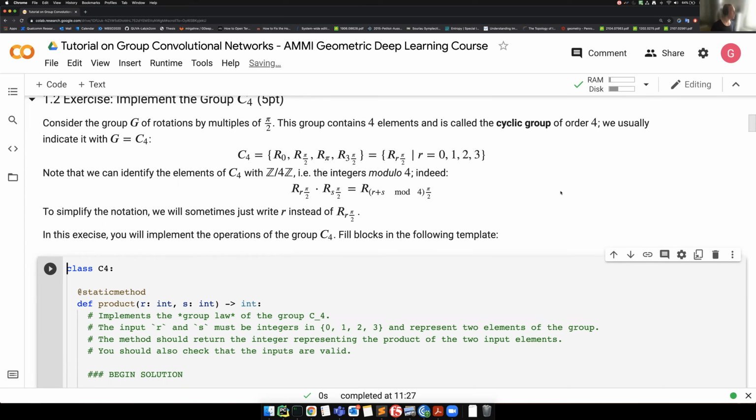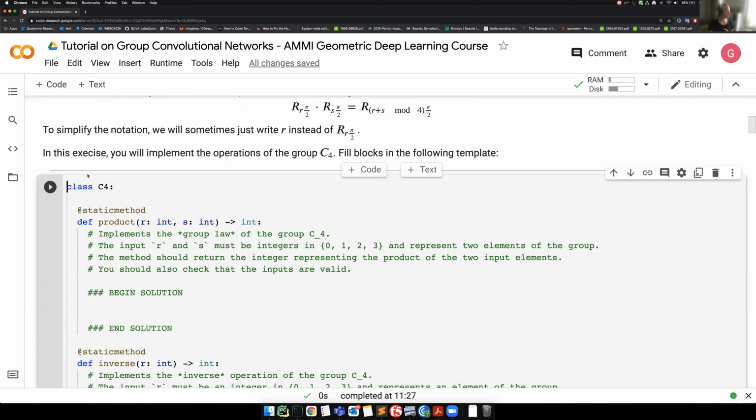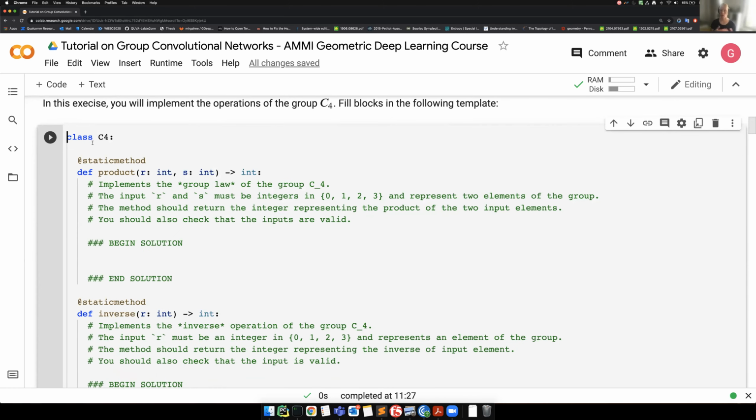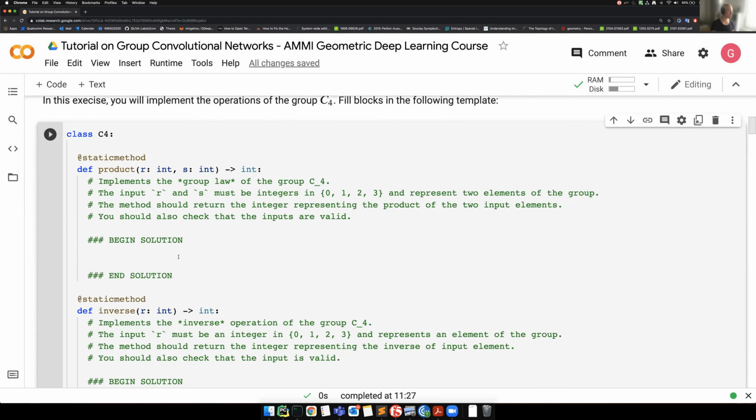Okay, nice. So basically in this exercise, you will just implement this group. In Python, we build a class for the group C4. This is going to be a static class, so you don't need to instantiate it.